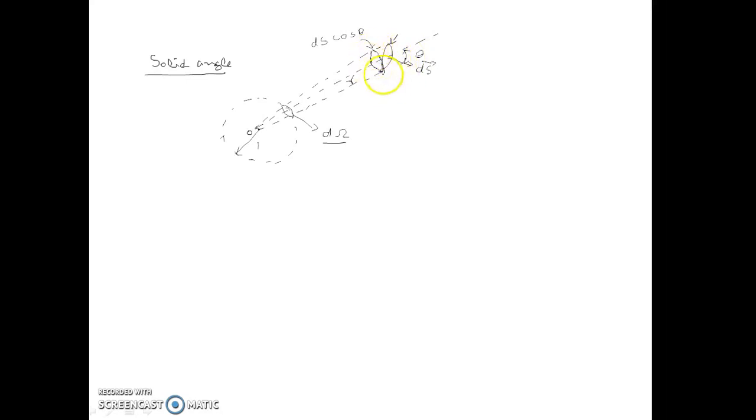So here this area is dS cos theta. So we can see that the ratio of dS cos theta and d omega is given by r square by 1 square. So therefore d omega is given by dS cos theta divided by r square.